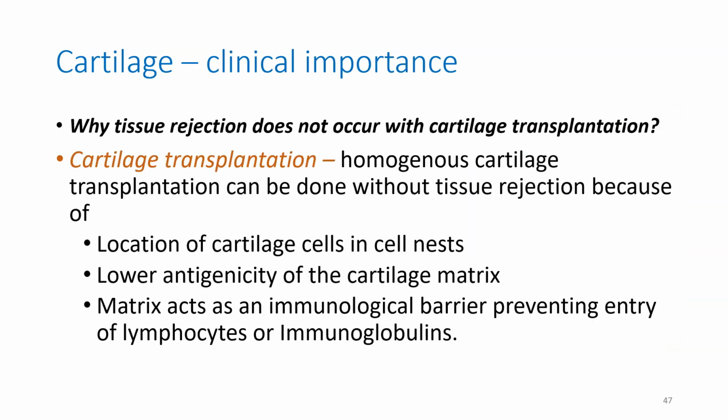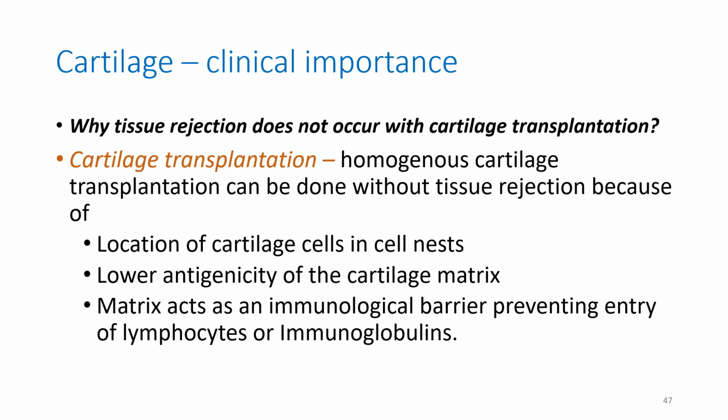Then one question that comes to our mind: why does tissue rejection not occur with cartilage transplantation? The homogeneous cartilage transplantations can be done without tissue rejection because the cartilage cells are located in cell nests.